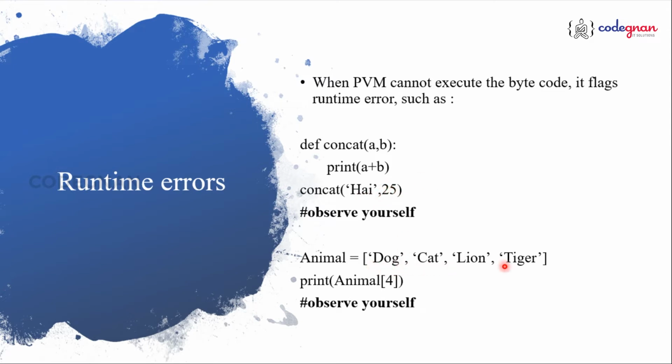And if you go to this list and access animal of 4, what is the indexing here? 0, 1, 2, 3. Do we have a 4th index, I mean a 5th element? No, right? That's where you get index error. So index error, value error, type error all come under runtime errors, because when our Python virtual machine cannot execute the code, it flags runtime errors. That means it is not matching the values you are trying to pass.